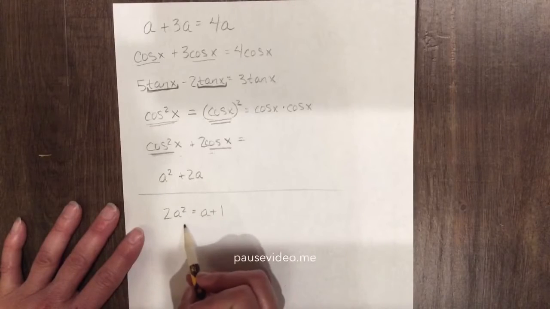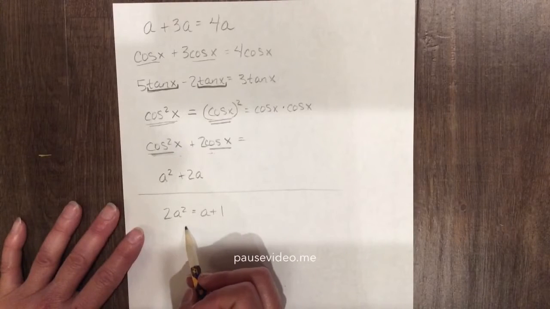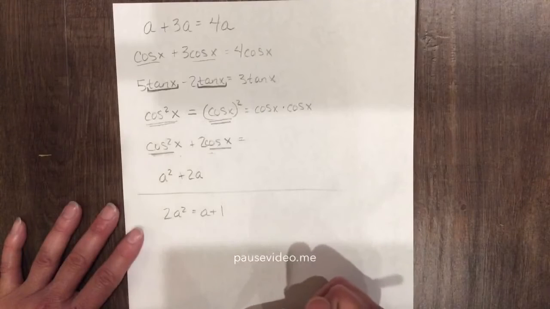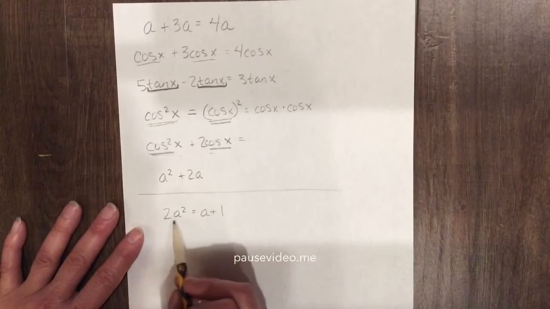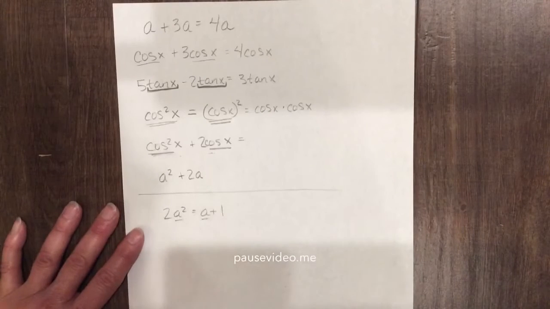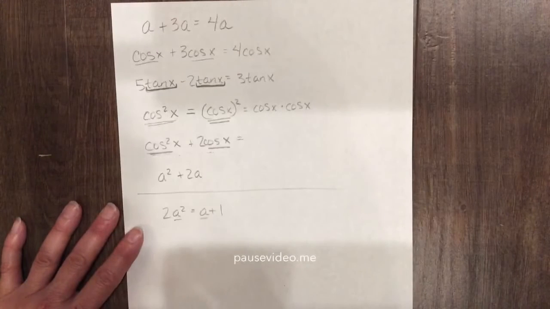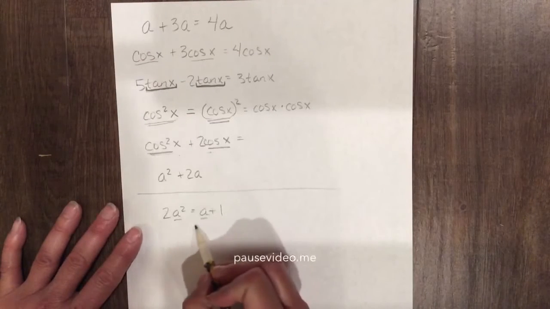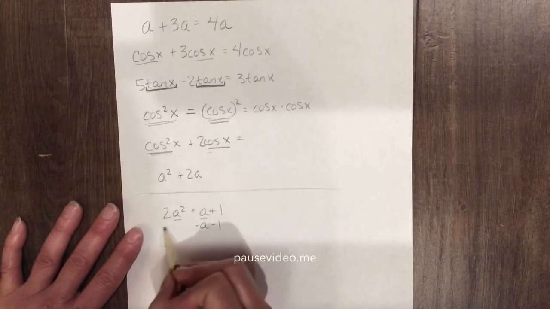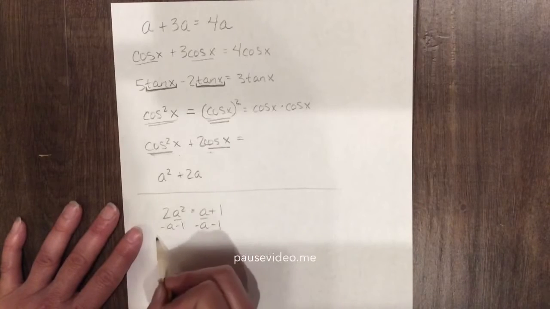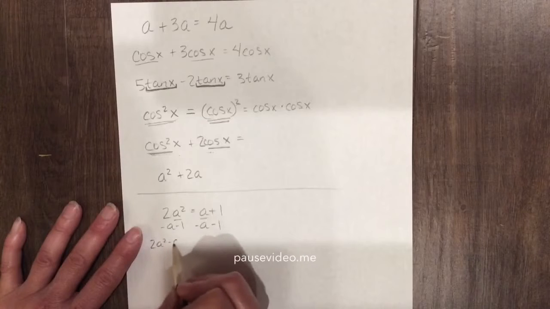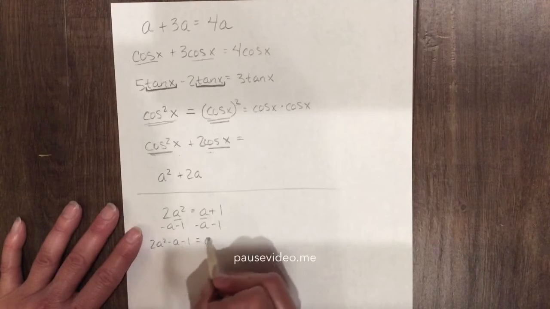We get everything to one side so we can get it equal to 0 so we can factor. Why do we need to factor? Because you have a's of different degree. There is no way to join all those a's together, so we set equal to 0 and we factor. So that's what we would do, is we would subtract the a, subtract the 1, and I get 2a squared minus a minus 1 equals 0.